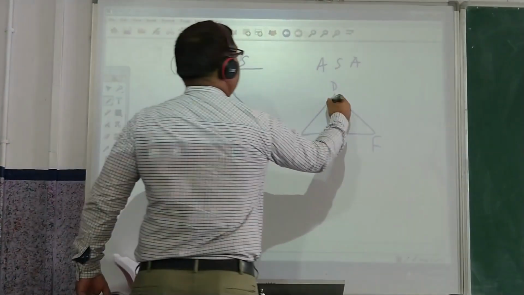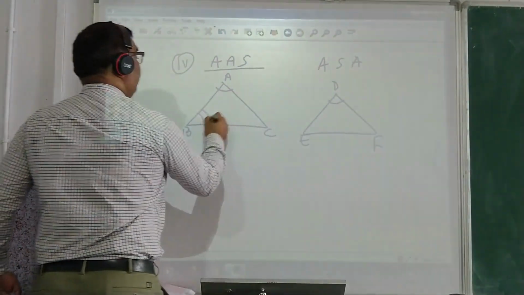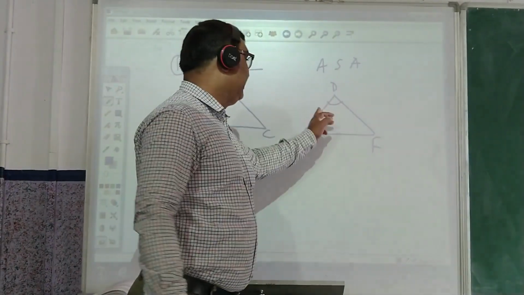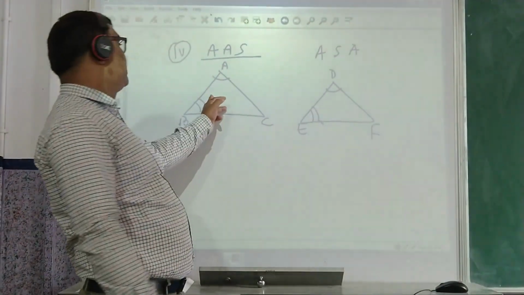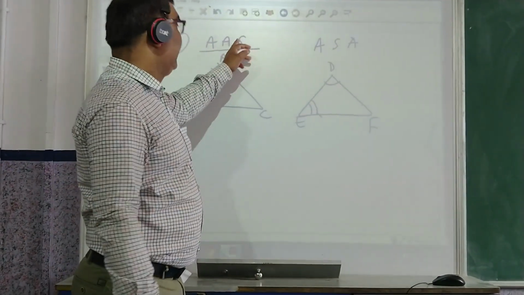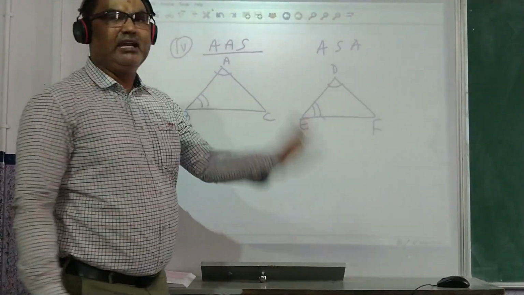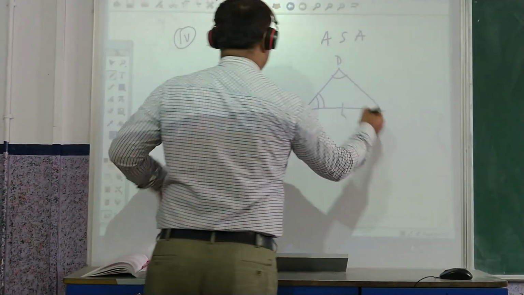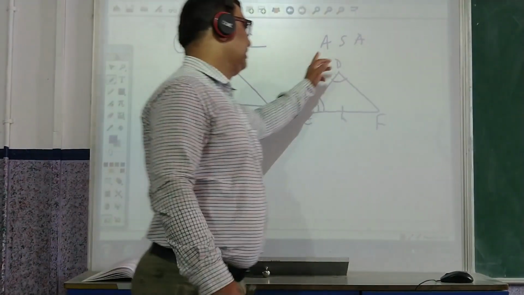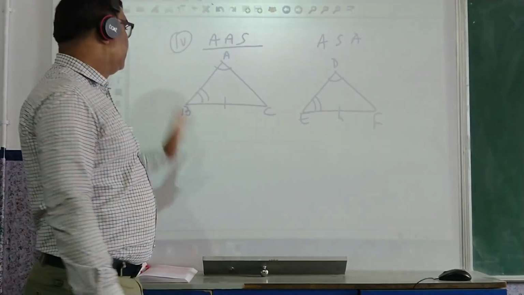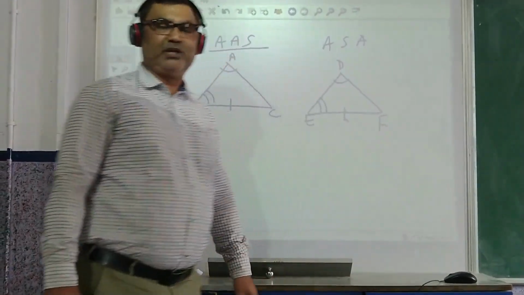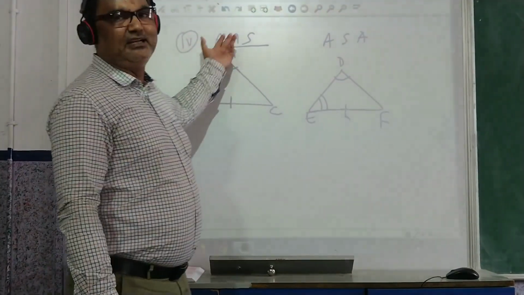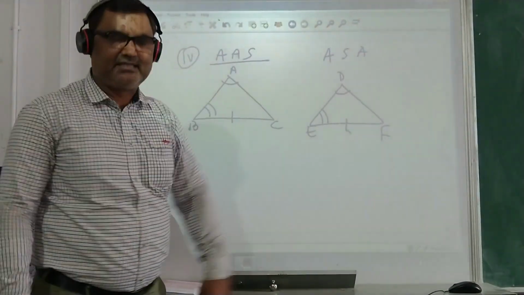Suppose angle A equals D, angle B equals E. In case of ASA, we need this side DE equals AB. But in case of AAS, you need any one side. You may say this BC equals EF. You may say AC equals DF. But don't say AB and DE because they are included. So by AAS, we need any two angles and one side.